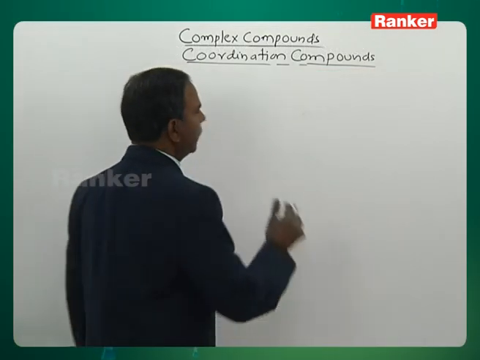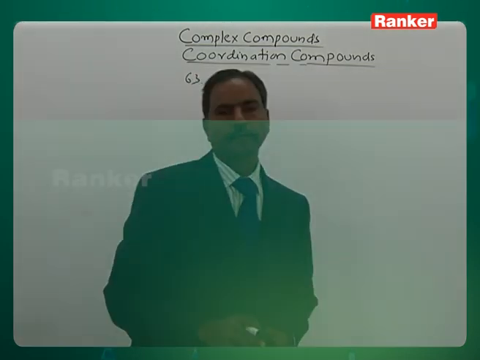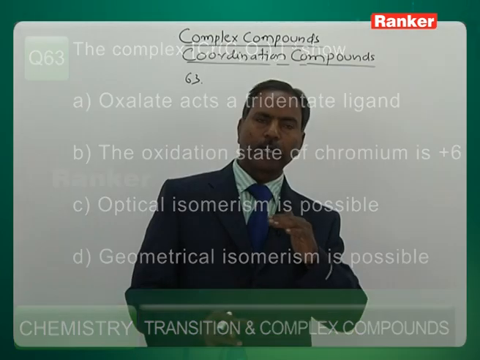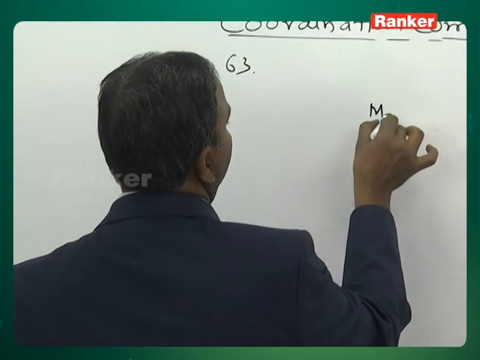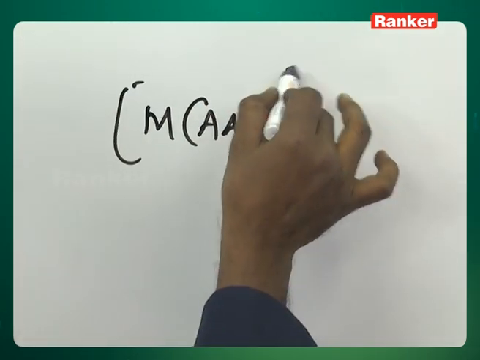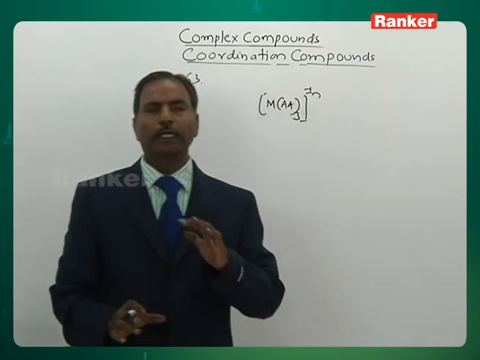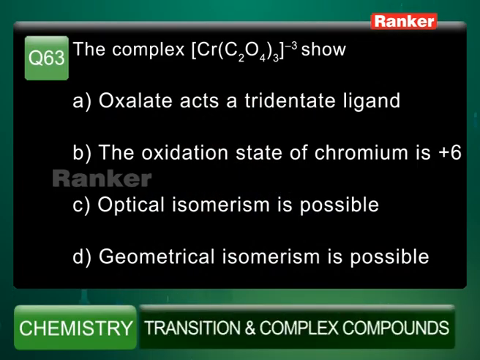Question number 63. The complex [Cr(C2O4)3]3- shows. This is again a bidentate ligand in the complex. This is M(AA)3 type, plus or minus. This particular complex can exhibit only optical isomerism. Then oxalate acts as a tridentate ligand?